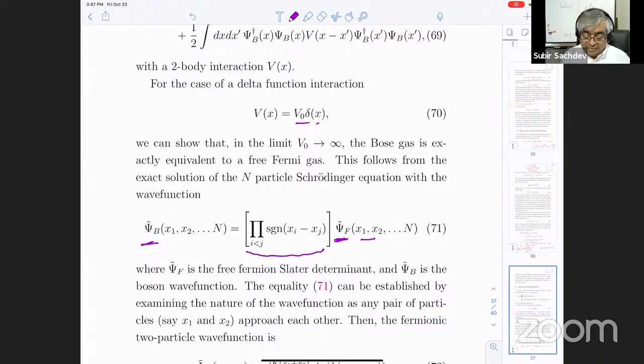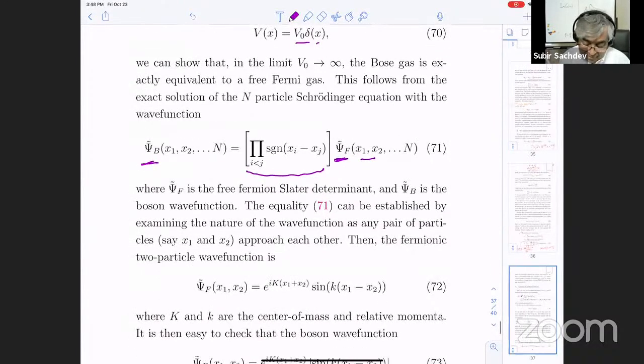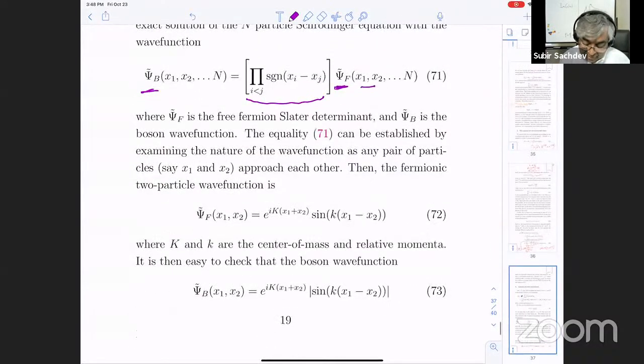Of course, there's one caveat here: we have a hardcore repulsion, so with fermions you can never have two fermions on the same site. And so we are assuming the bosons also never really want to occupy the same site. That turns out to be a rather mild assumption. You can actually even carry out this argument with allowing for double occupancy by some canonical transformations. But let's not go all the way there.